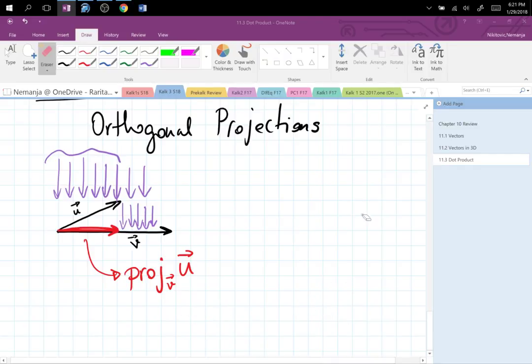So, orthogonal projection is very simple to understand, and I encourage you to actually take a pencil and a flashlight and then just, you know, click and see. Now, I believe in doing these experiments because you actually get to see this thing alive.